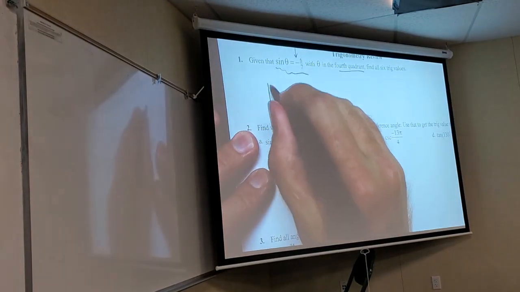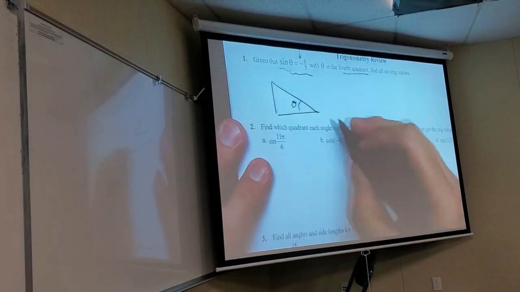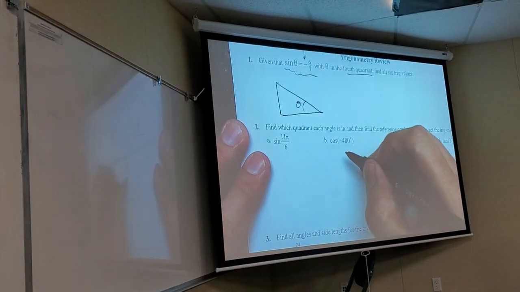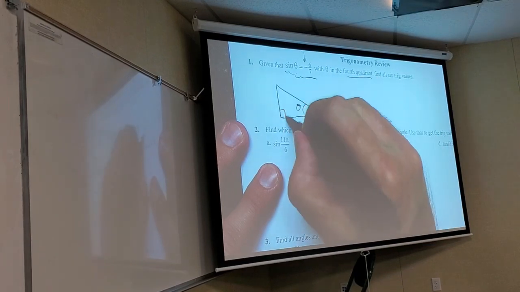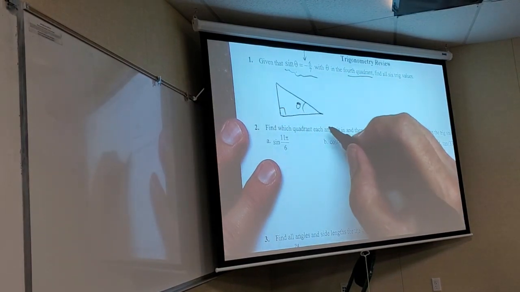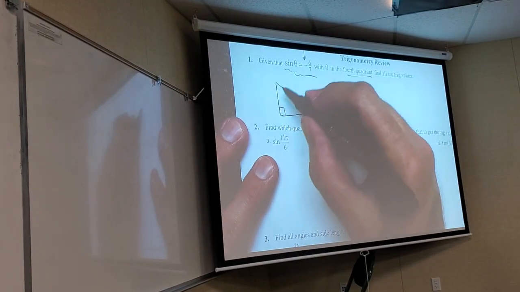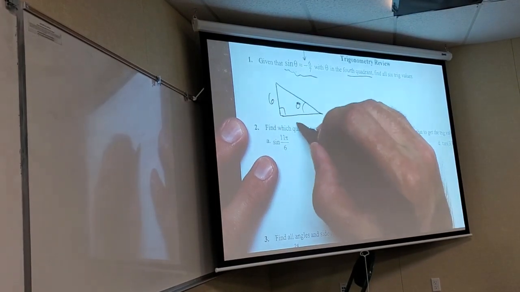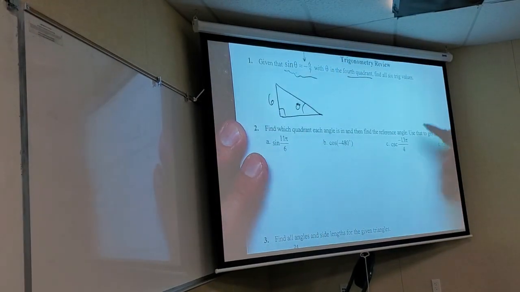Can you draw a triangle that would relate to sine theta equals 6 over 7? What would be 6? Which side? The side across from theta, I would accept that, right? That's 6, and where's 7? Okay, there you go.